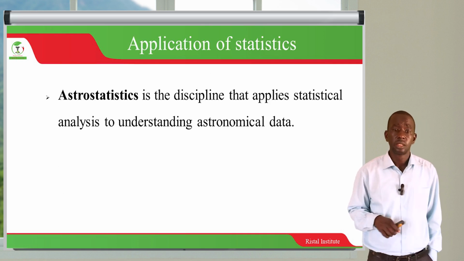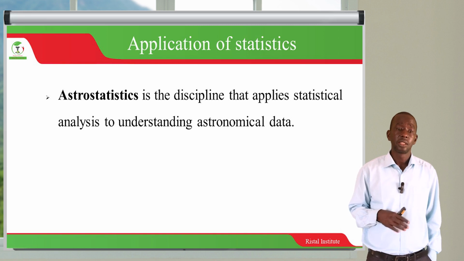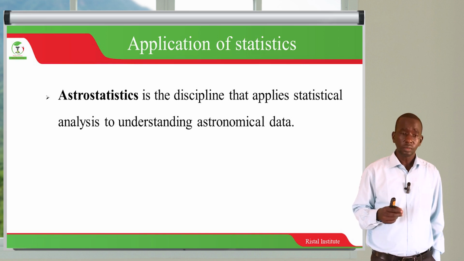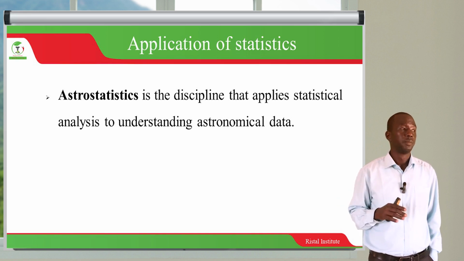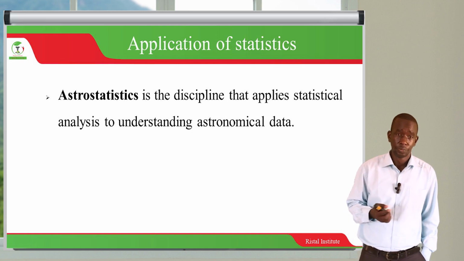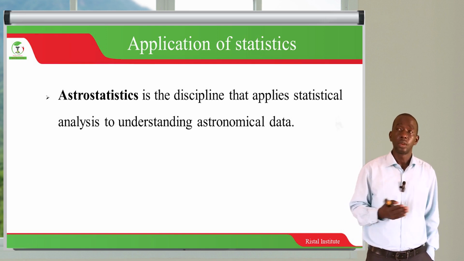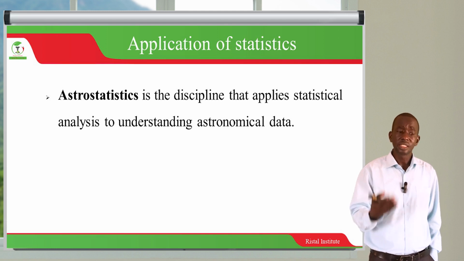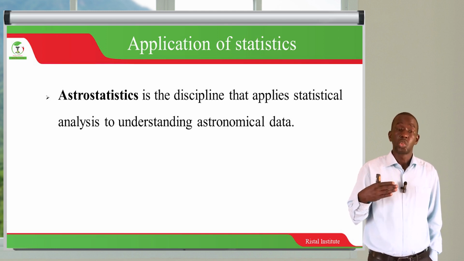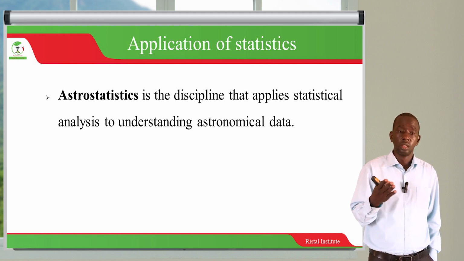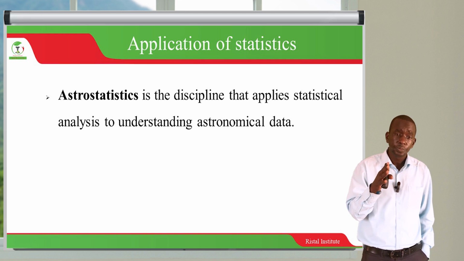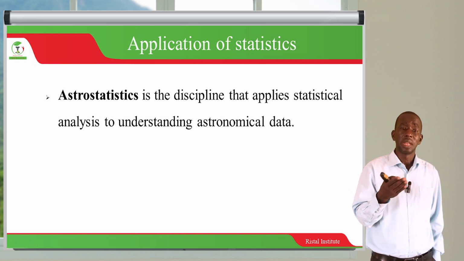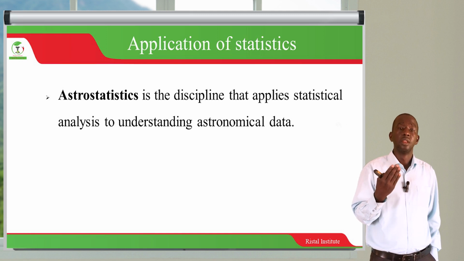Astrostatistics is a discipline that applies statistical analysis to the understanding of astronomical data. Astronauts, people who travel to space, use these statistics to understand the weather conditions and the resistance of wind, so that it helps them manufacture materials, machines or engines that can penetrate those kinds of natural resistance in space, and also to understand the rotation of the Earth.